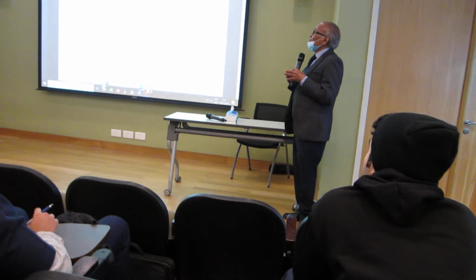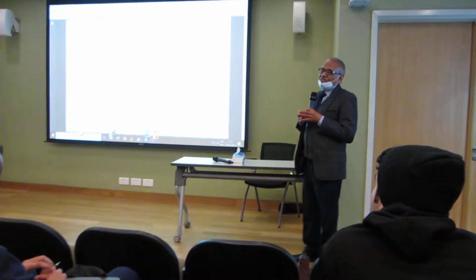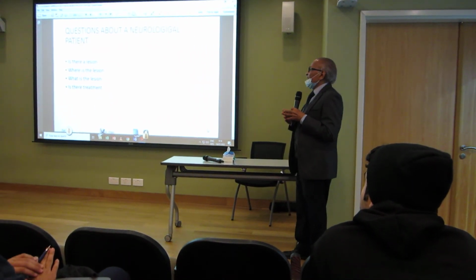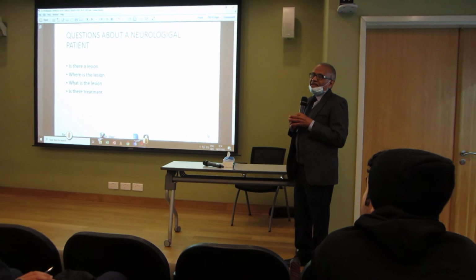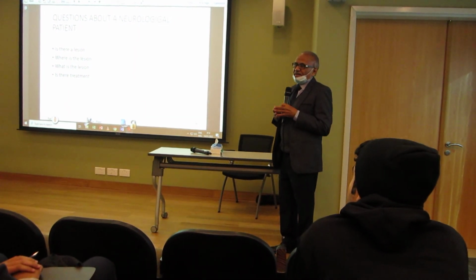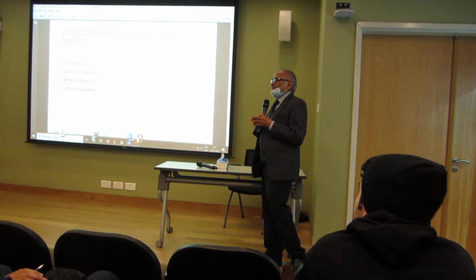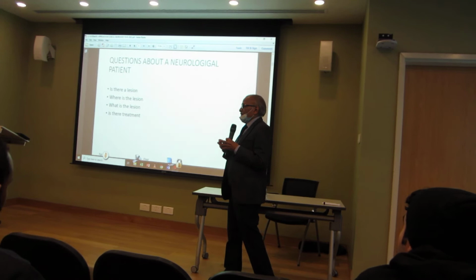So we have to decide if the lesion is there. Second, where is the lesion? Level of lesion. Then what the lesion is. Is it focal? Is it multifocal? Is it diffuse? And third, do we have a treatment for it?